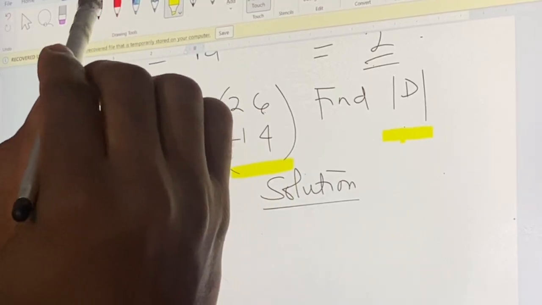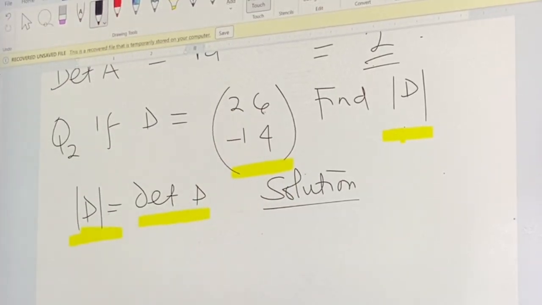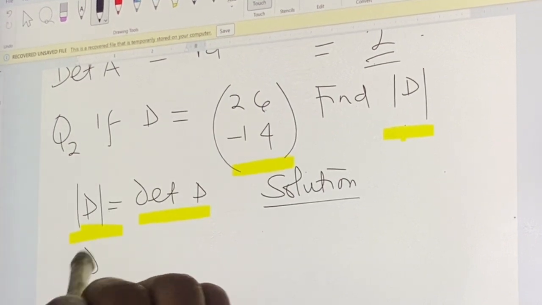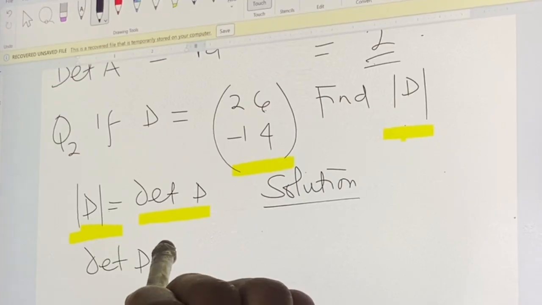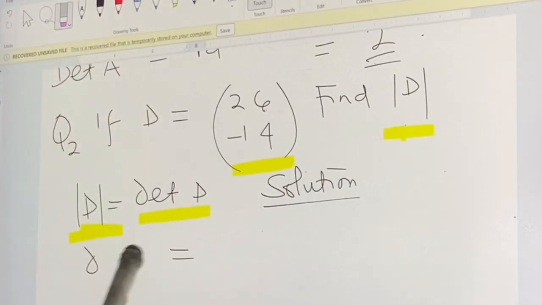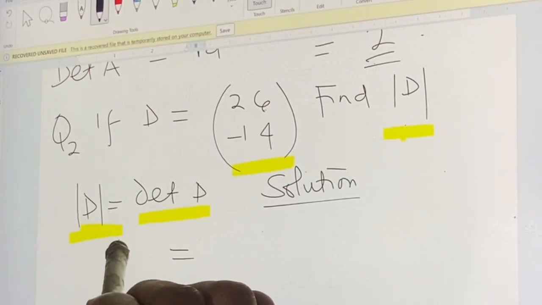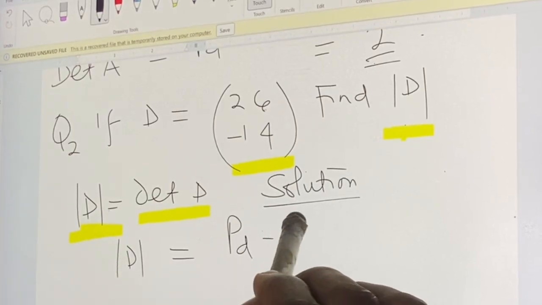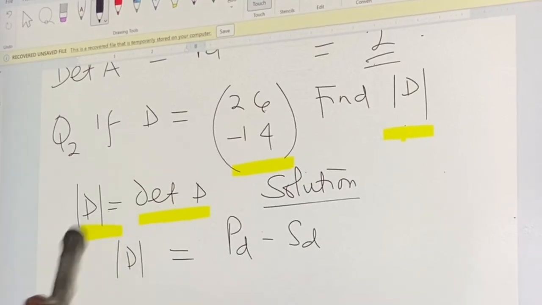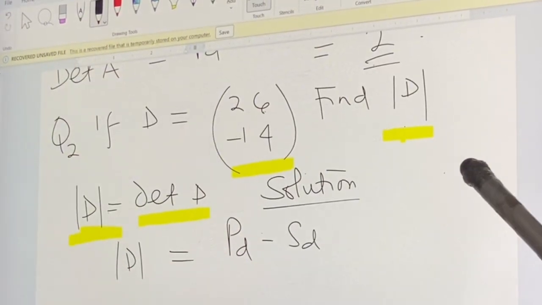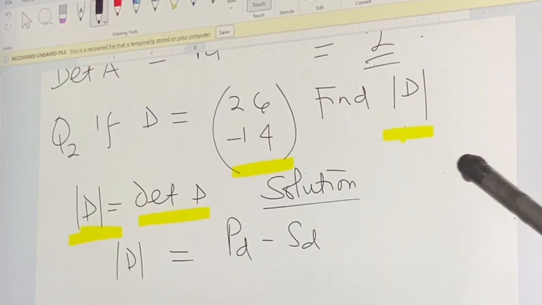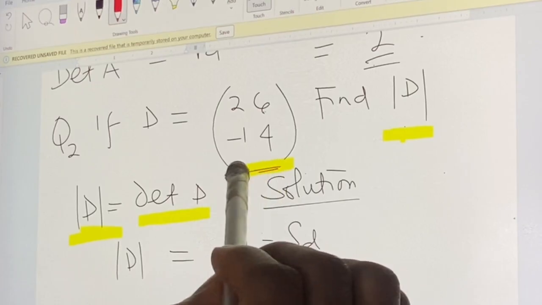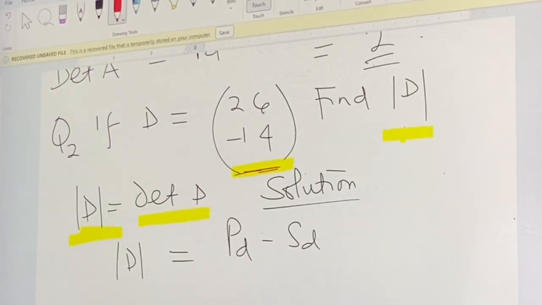And the formula for 2 by 2 order of matrix is that the determinant of D will be equal to the primary diagonal minus the secondary diagonal. Our intention is to know what the primary and secondary diagonals are from the matrix.